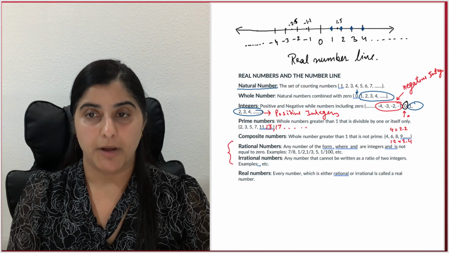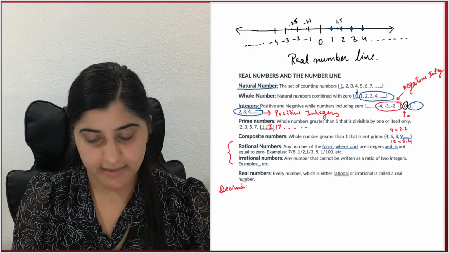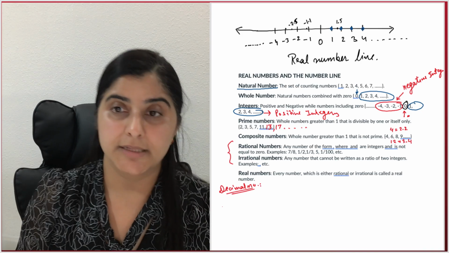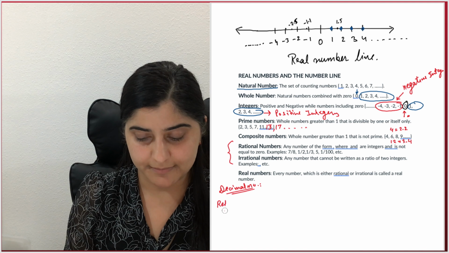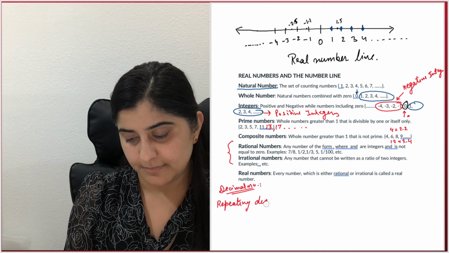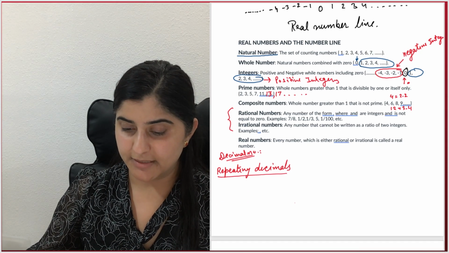Let me first talk about decimals. Decimal numbers. So we all know that decimal numbers can be categorized into repeating decimals. So what are the repeating decimal numbers?